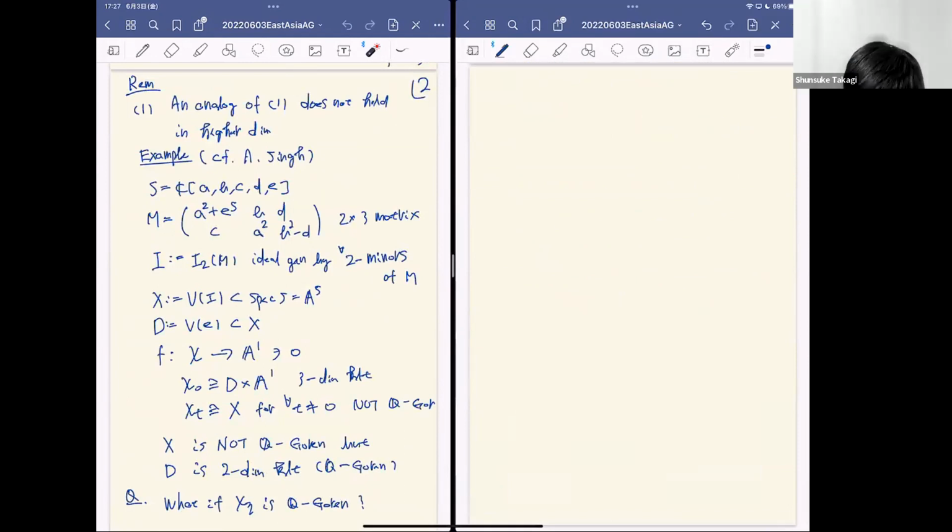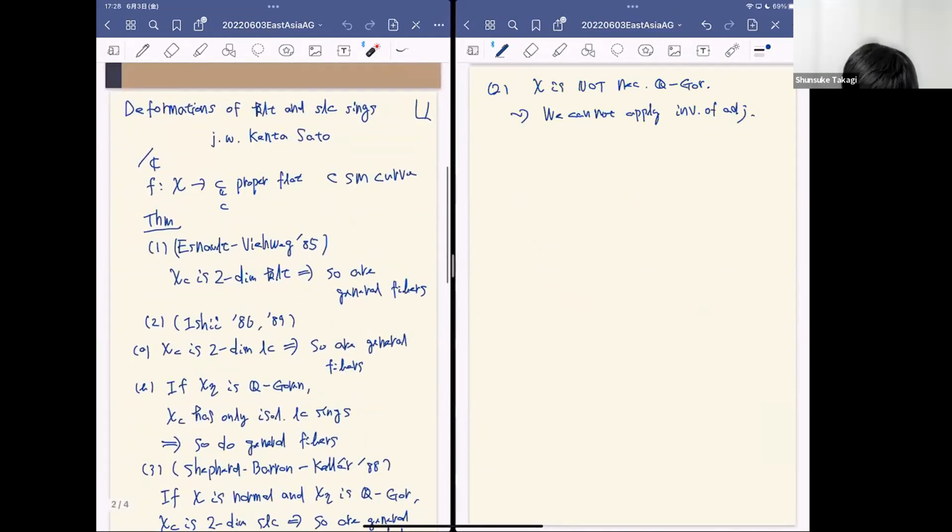Sorry, let me give one more remark. The total space is not necessarily Gorenstein, which means we cannot apply inversion of adjunction. In my setting, if our curly X is Gorenstein, then the special fiber is just a Cartier divisor of the total space.